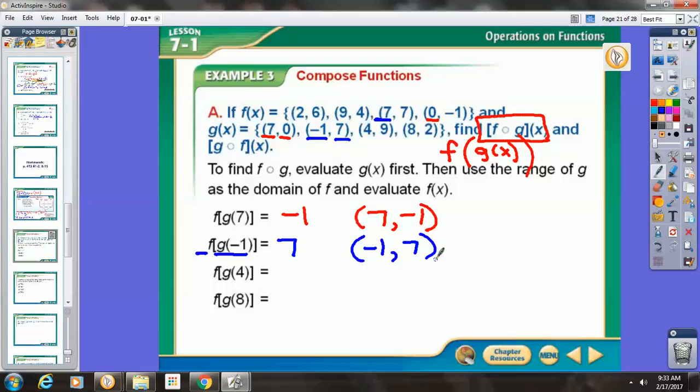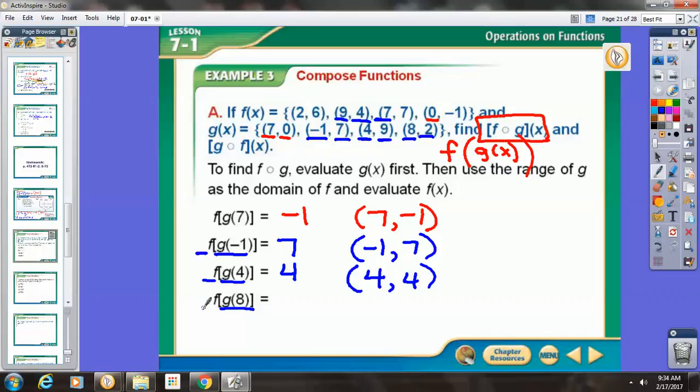So let's do f of g of 4. What are we going to put in first? 4. So I put 4 in, what do I get out? 9. So then let's put 9 into the f function. When I put 9 in for f, what do I get out? 4. So my ordered pair is 4, 4. First input, last output. F of g of 8. So if I put 8 into the g function, what do I get out? 2.